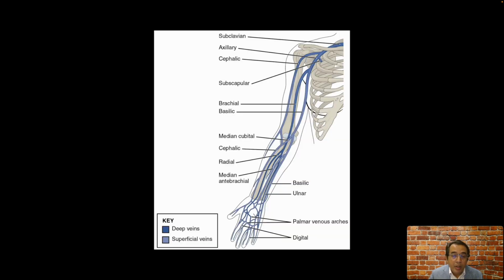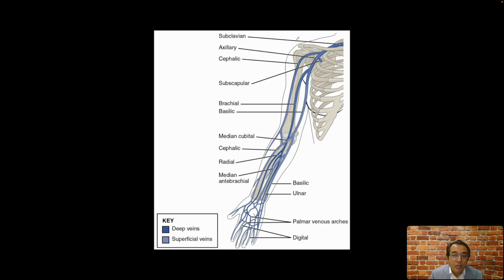With the upper extremities, we want to make sure that we are familiar with which veins are considered deep veins and which are considered superficial veins, because a thrombus in a deep vein would qualify as deep venous thrombosis and would predispose the patient to pulmonary embolism, and a thrombus in a superficial vein would be consistent with superficial thrombophlebitis.